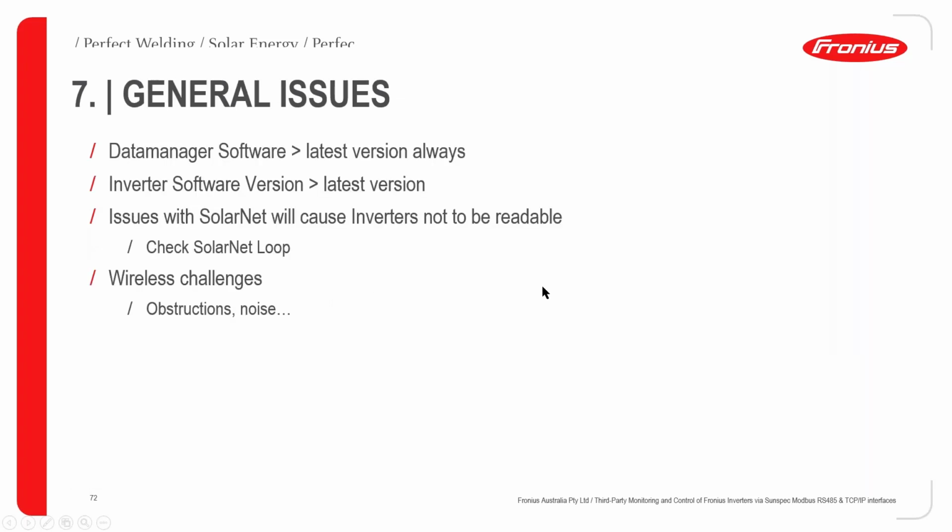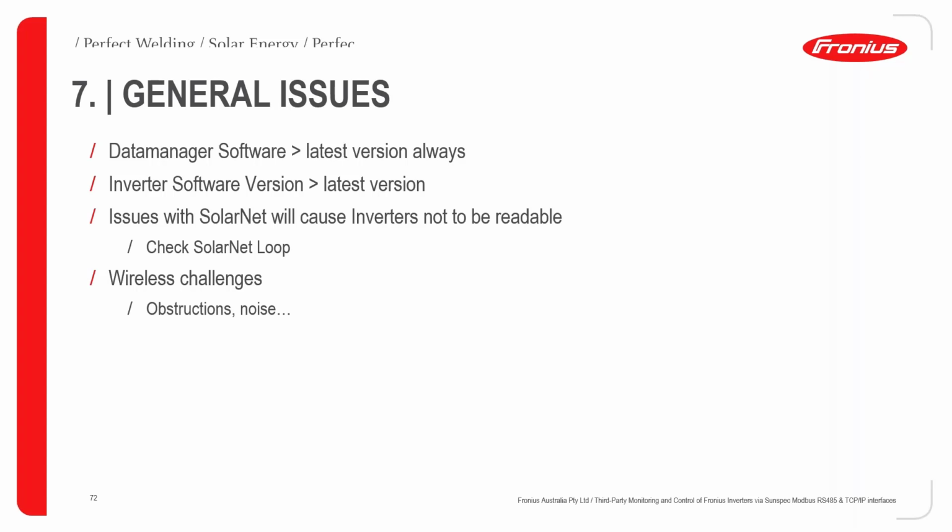Of course, there are general issues that you can have on site. One is obviously the data manager software version. Always make sure you have the latest version, so do your firmware upgrades. This applies to the inverters themselves as well. Make sure you have the latest versions. A thing to understand is that issues with the solenoid loop, if you have multiple inverters, can cause inverters not to be readable.